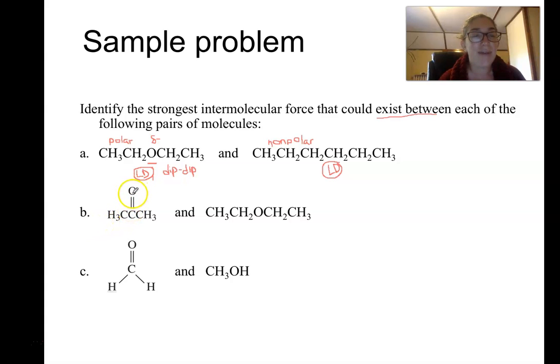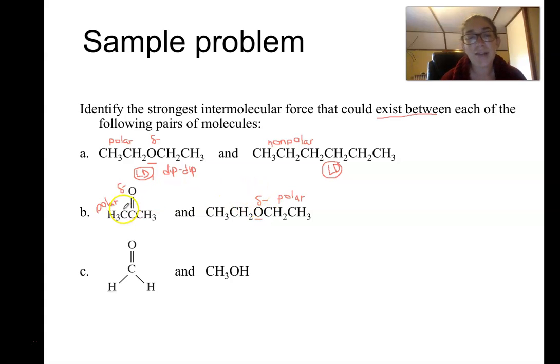Okay, let's do the second problem here. So again, we have a polar molecule because it's got an electron hog. I'm going to write that little partial negative charge here. Say this one is polar. And I look at the second one, and there's also an oxygen here with a partial negative charge, another polar molecule. All right, so polar, neither of these oxygens, though, have any hydrogens attached to them.